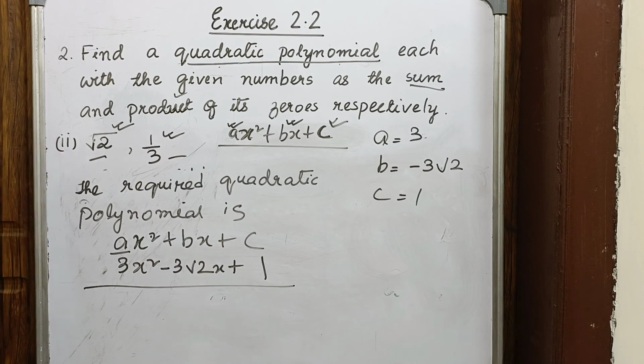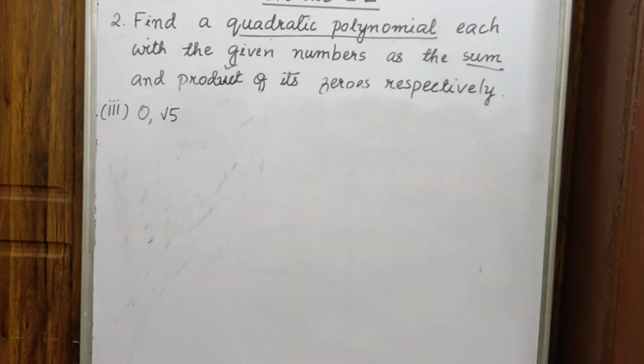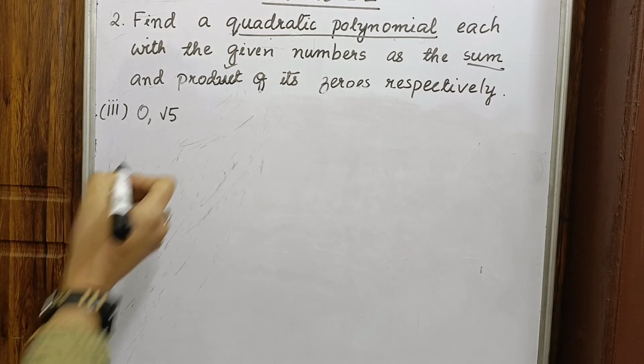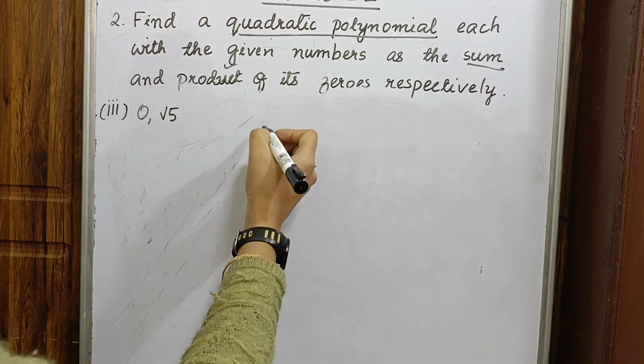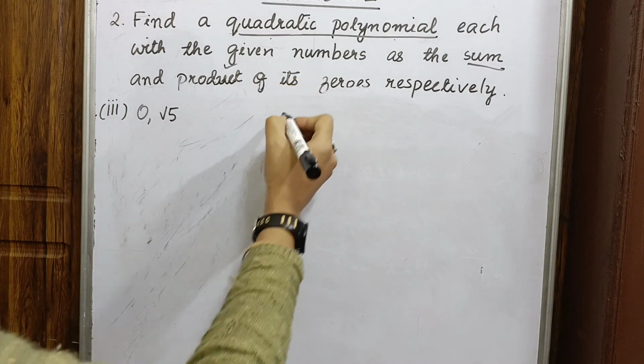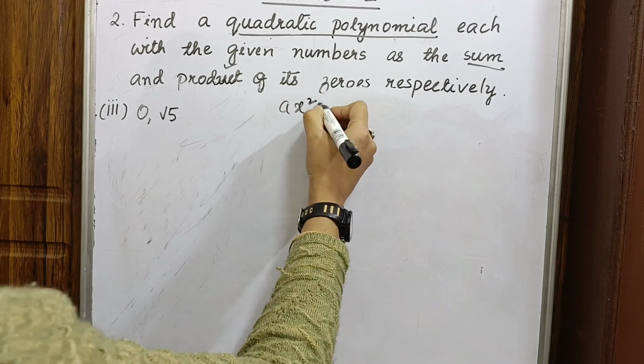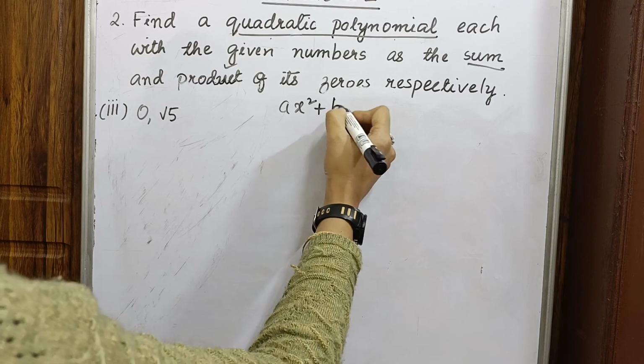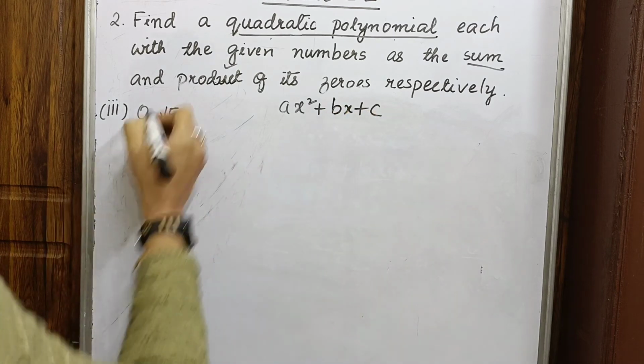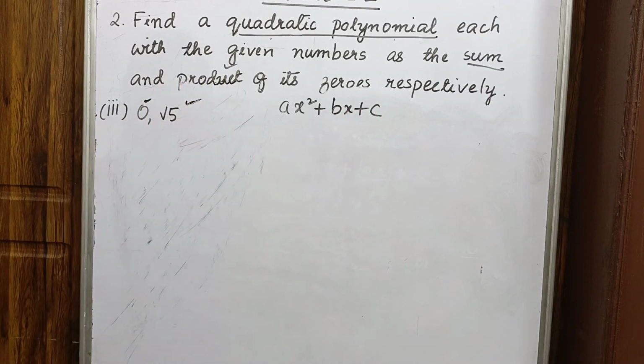Now we will do question number 3, and in this way you can solve the other numbers also. I will do only up to question number 3. So number 3 is 0 and root 5. In the same way like the previous two, we'll assume this as the quadratic polynomial ax square plus bx plus c, where this is the sum and this is the product, okay?